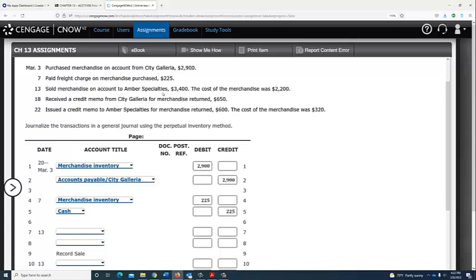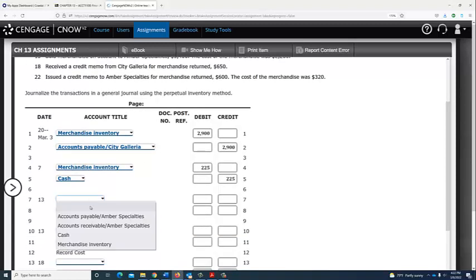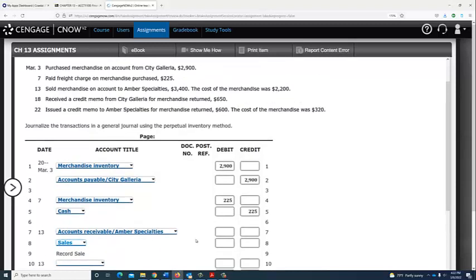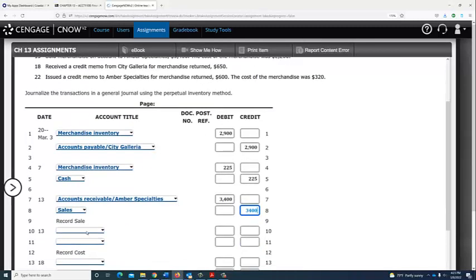So we're going to record the sale at the sales price. And then we're going to now move the inventory out of merchandise inventory at its cost, and we're moving it into cost of goods sold.